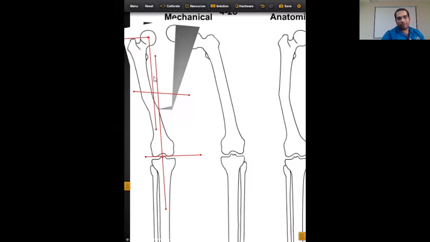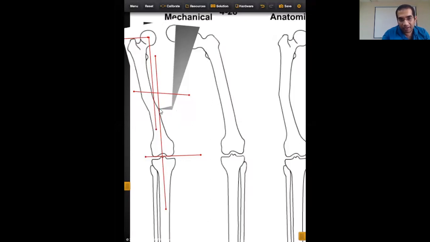But as you can see, the mechanical axis of the limb is now going medial to the hip joint. So the mechanical axis of the limb has not been corrected. And what I have done over here, if you simply ignore this above part, you can see that to correct this varus, I have created a compensatory valgus.